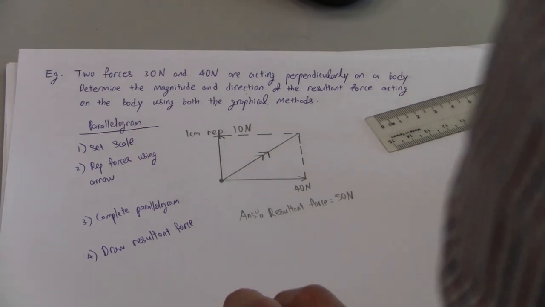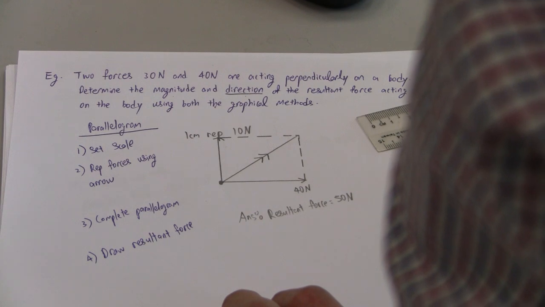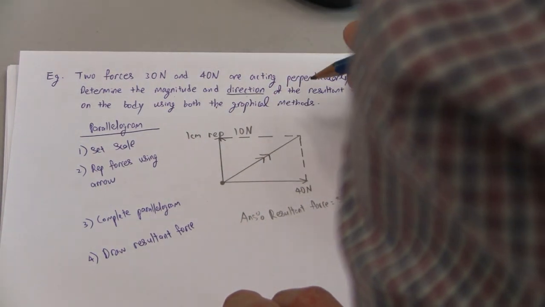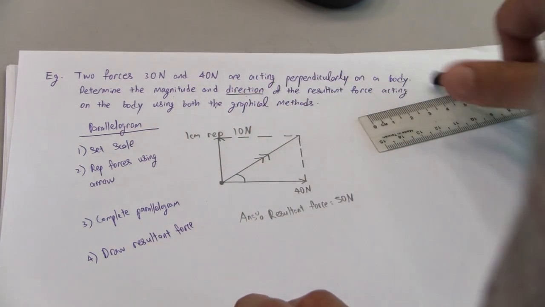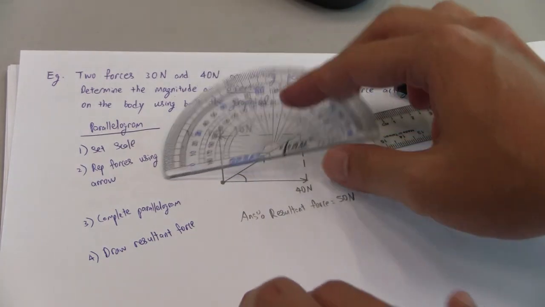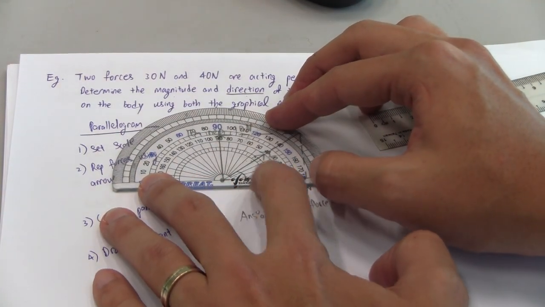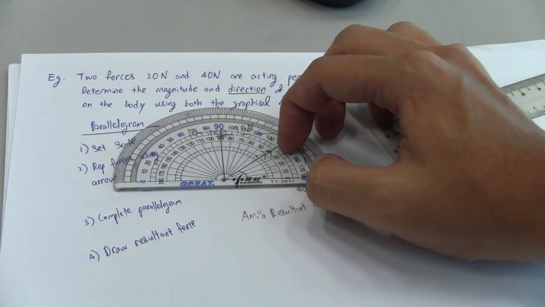Now, most students will have problems with this thing called direction. Direction, basically, you just need to measure the angle of the resultant force from one of the two forces. In this case, I'll take reference from this 40 Newton force. I'm going to measure this angle using the protractor, and it's about 40 degrees.